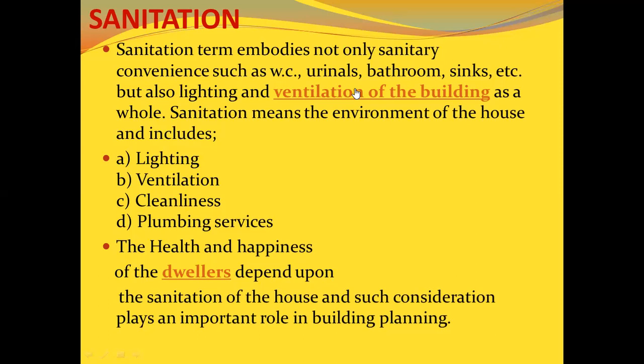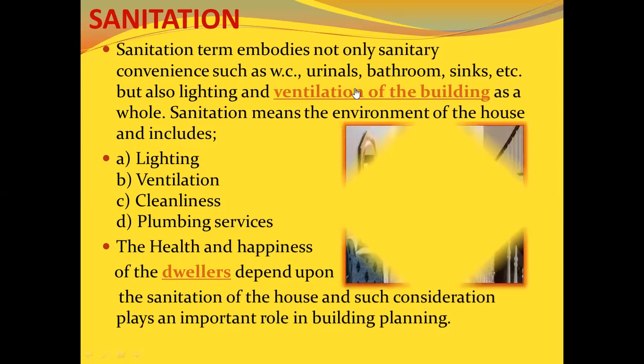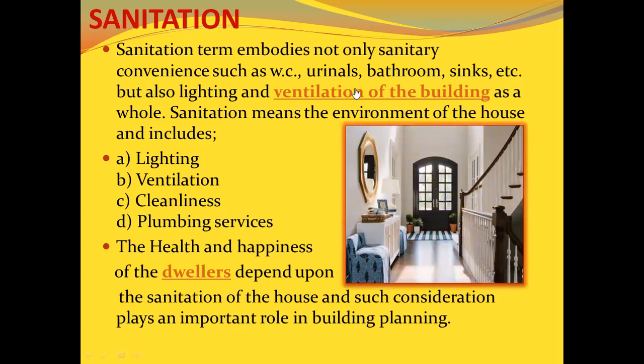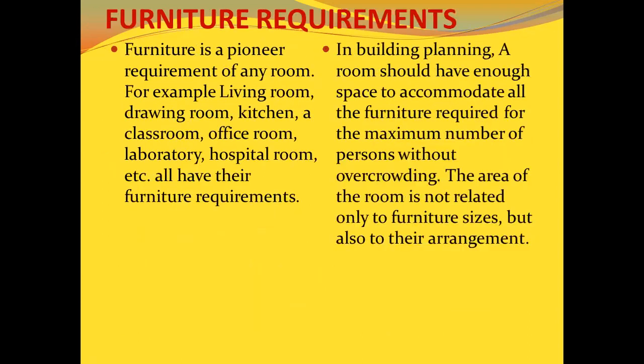So from that point of view, sanitation plays an important role in house planning. This picture shows clean dwellers where the house is very clean, ventilated, and properly lighted, etc.